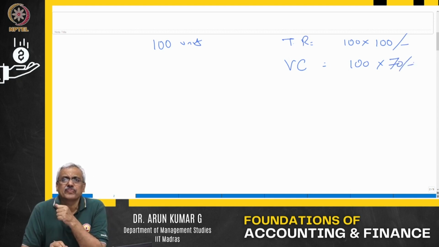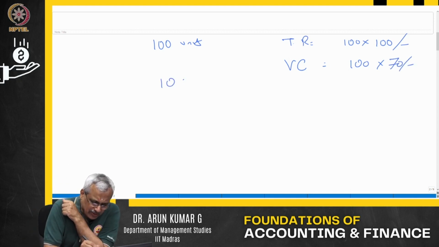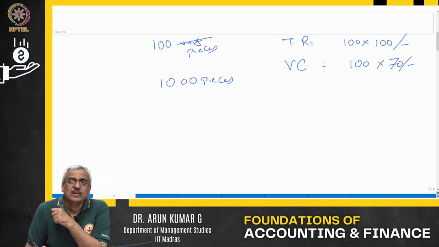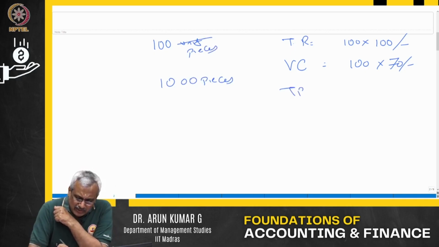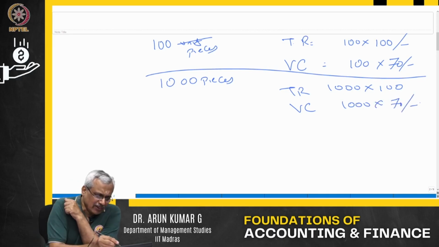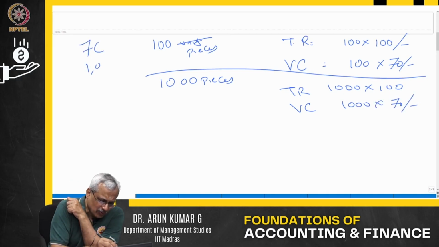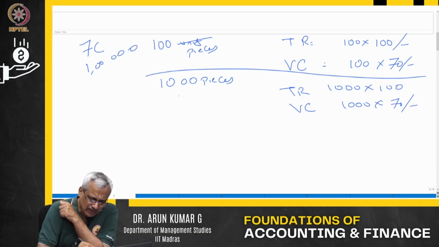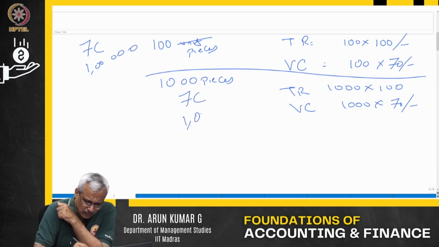If I manufacture 1000 pieces, my total revenue in this particular case is going to be 1000 into 100 and my variable cost is going to be 1000 into 70. My fixed cost here also is 1 lakh. My fixed cost even here is 1 lakh.